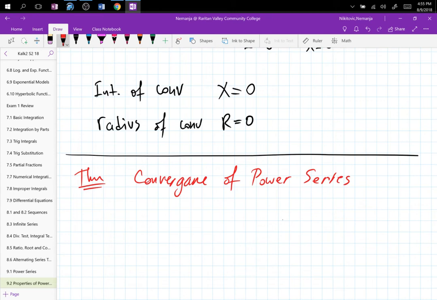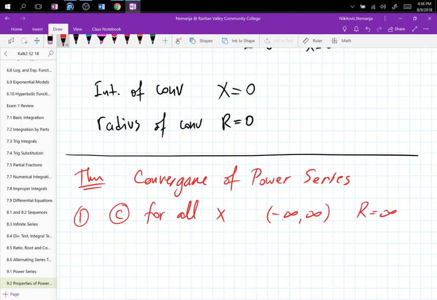So we can have number one, converges for all x, which means negative infinity to infinity with radius being infinite.